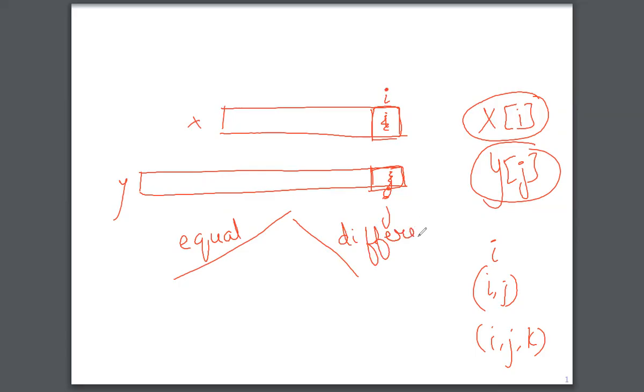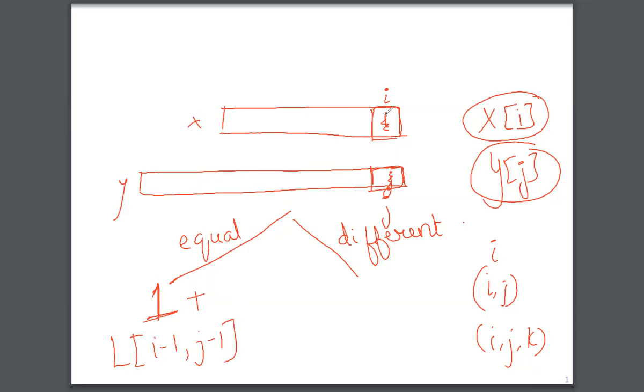If they are equal, what does that mean? You just add one. So it's at least one, the longest common subsequence for these strings. So it is 1 plus L of I minus 1, J minus 1.